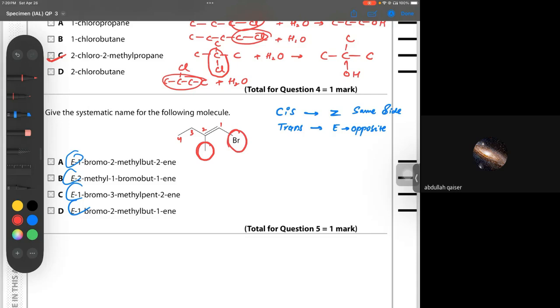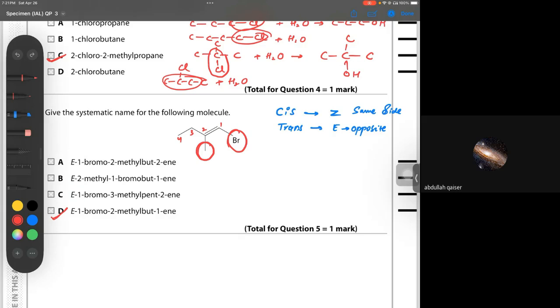Bromine comes first, as in alphabetical order: B comes before M. So we have 1 bromo, then 2 methyl. So option D is correct because the double bond is at the first position. In A, they are saying that the double bond is at the second position. No, it's at the first position. So that's why D is correct.